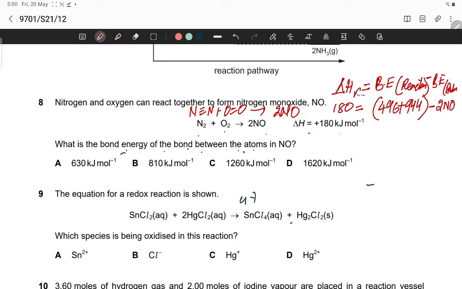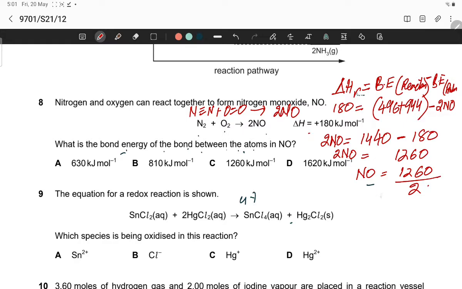So 2NO is equal to 1440 minus 180. 2NO is equal to 1260, and NO is equal to 1260 divided by 2.